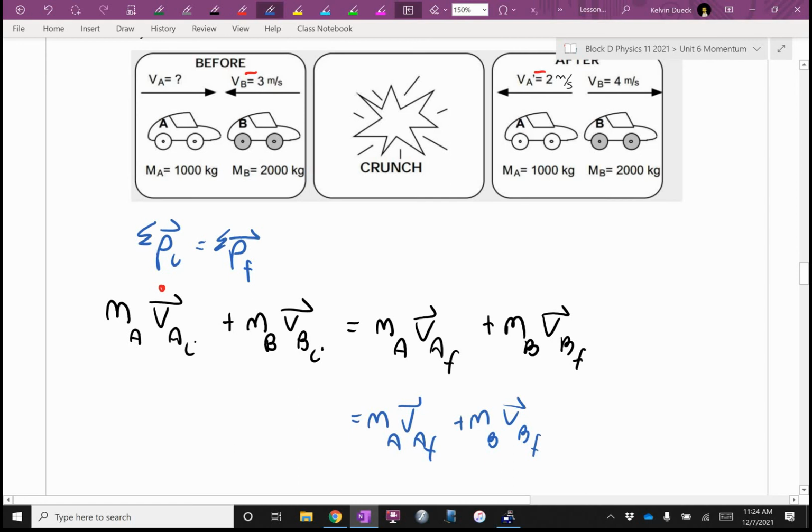What else? I want to get this by itself. I guess I need to move this thing over. Minus MB V initial.